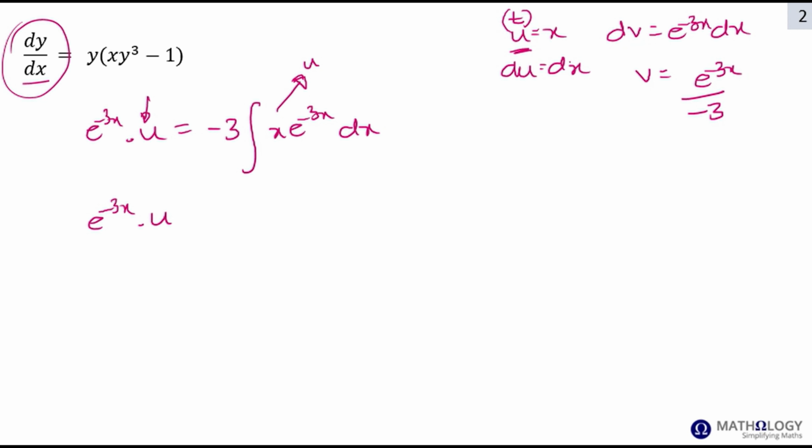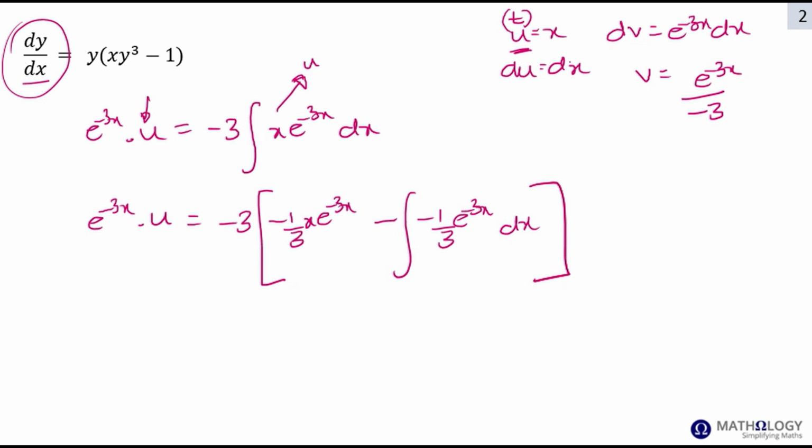confusion. Equals minus 3 times uv, which will be minus a third x e to the minus 3x minus the integral of v du. So minus a third e to the minus 3x dx.